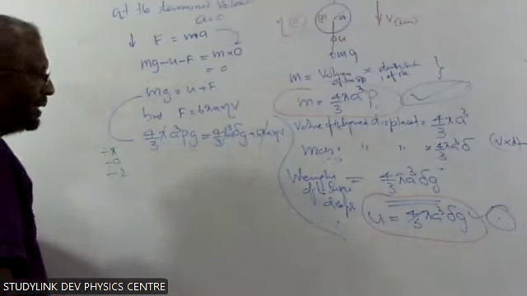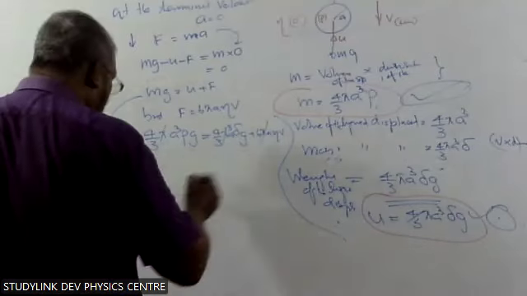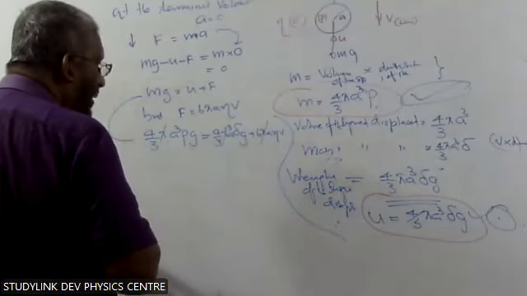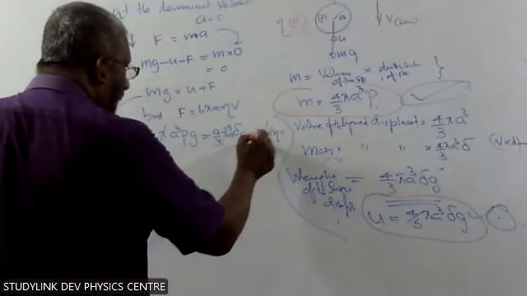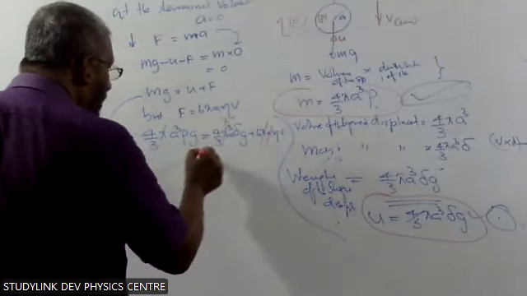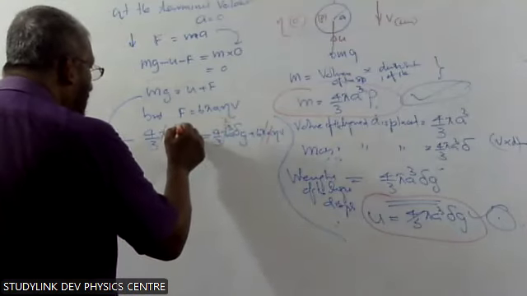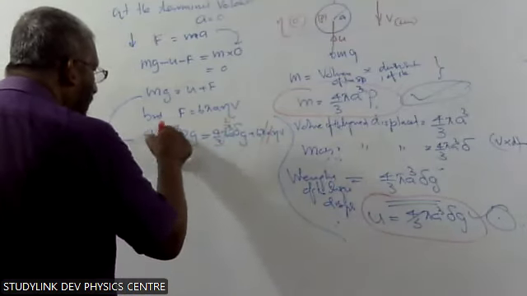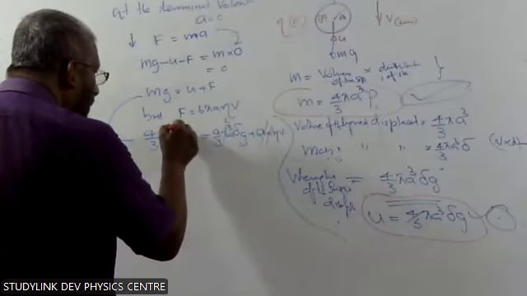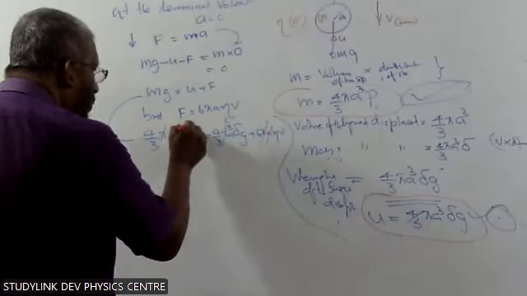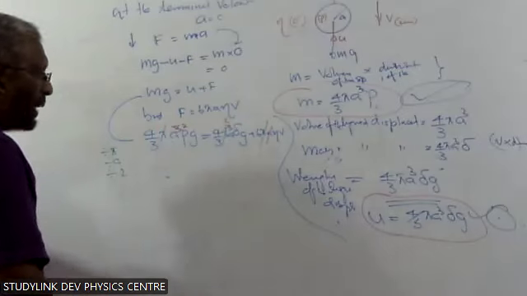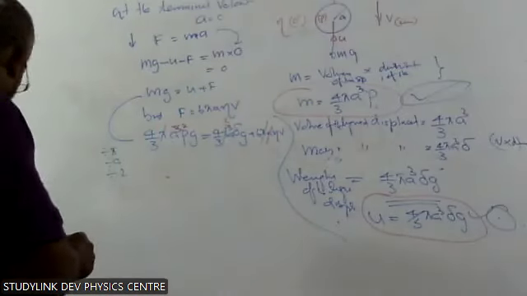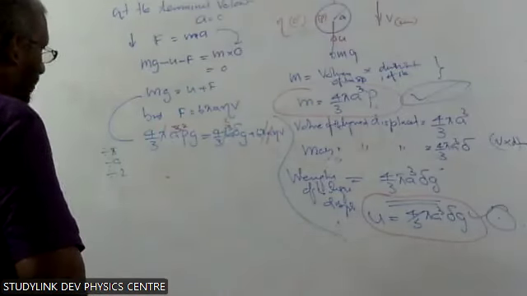All can be done. When you divide it by a, then this a cancels off, this becomes 2. And you can divide it by 2 also.